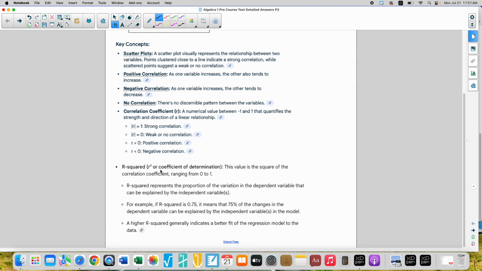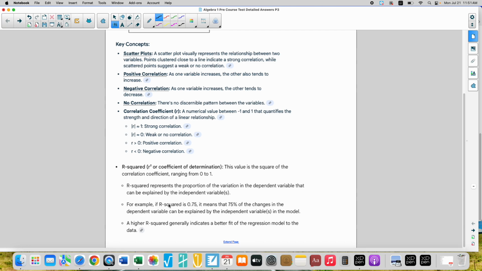It doesn't ask about the R squared, but this value is the square of the correlation coefficient. And of course, squaring it is going to make it positive. R squared represents the proportion of the variation in the dependent variable that can be explained by the independent variable.